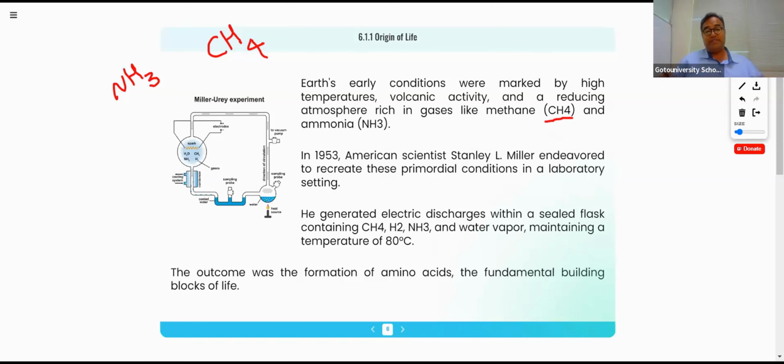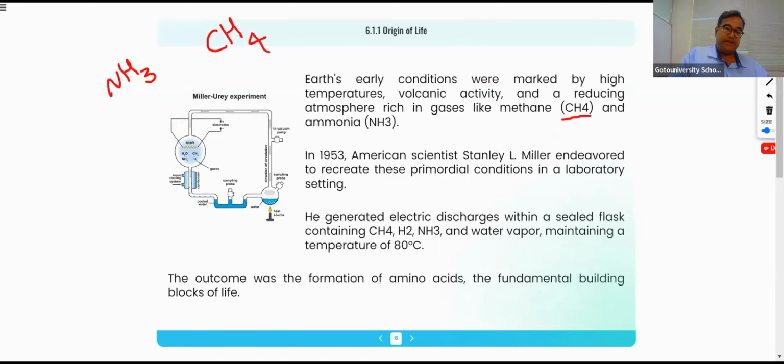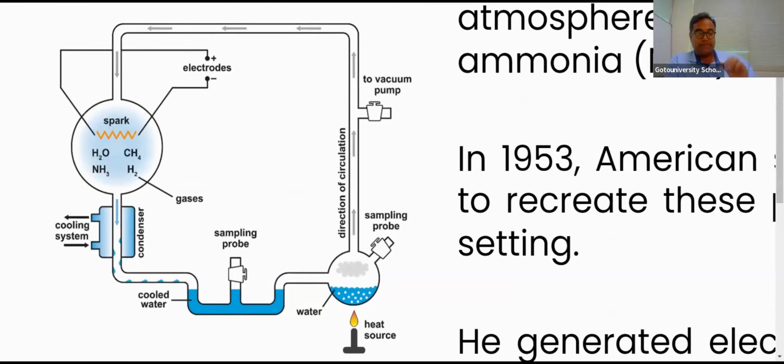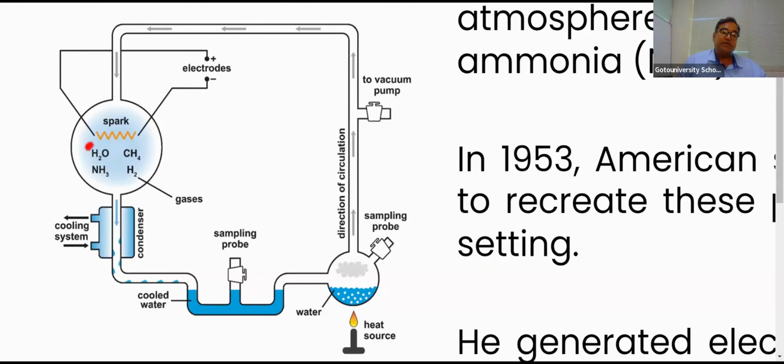So ammonia and methane, whenever they are interacting after the volcano eruption, right? After the volcanic activities, what happened exactly? The methane, hydrogen, ammonia, and water vapor combine. If I explain the step-by-step process in detail, you will understand. This entire experiment speaks about how the amino acid is formed. Can you see this water? Methane, ammonia, and hydrogen gas are all allowed to go into the important flask.